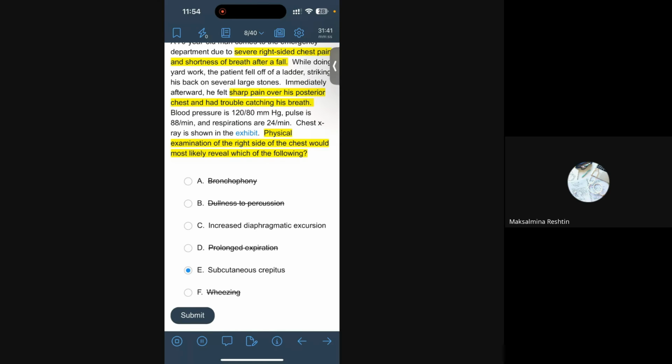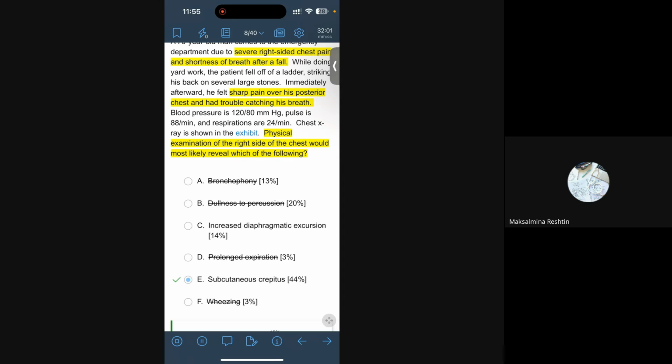The greater the distance, the greater the excursion. In pneumothorax, the air is going to flatten the diaphragm and restrict its movement with respiration, so diaphragmatic excursion is reduced. So the right answer is subcutaneous crepitus.